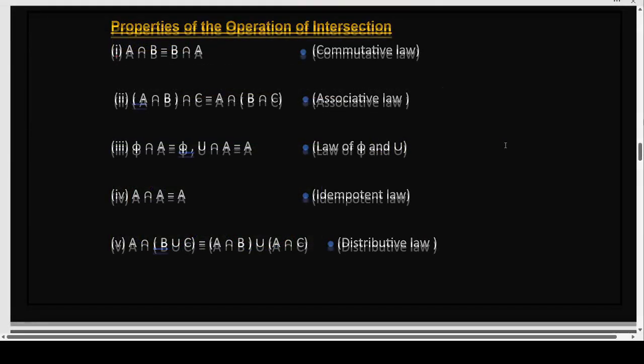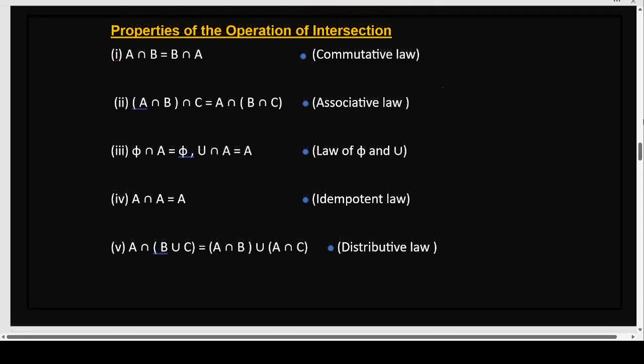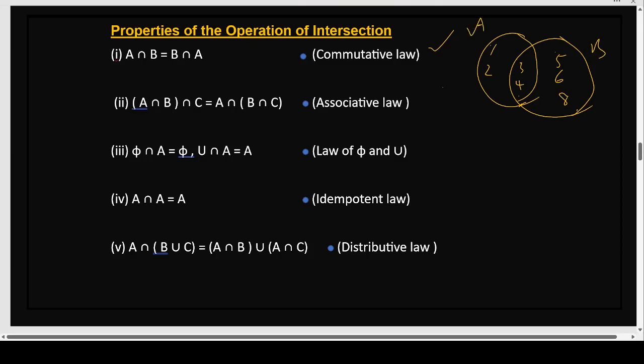We will see the properties of the operation B intersection A. It is commutative law. See, two sets are there, A and B. This is 1, 2, this is 3, 4, this is 5, 6 and 8. This set B is having 3, 4, 5, 6, 8 as elements. This set A is having 1, 2, 3, 4 as elements. What is A intersection B? 3, 4.